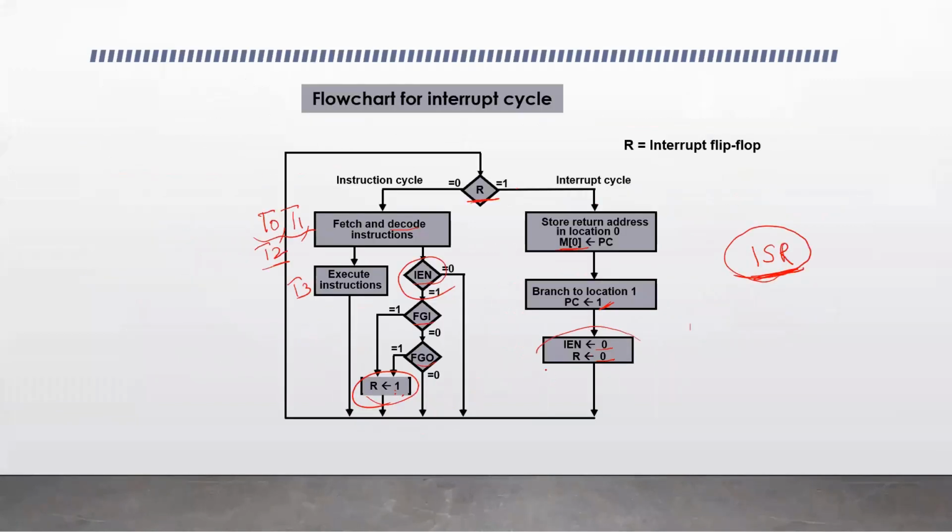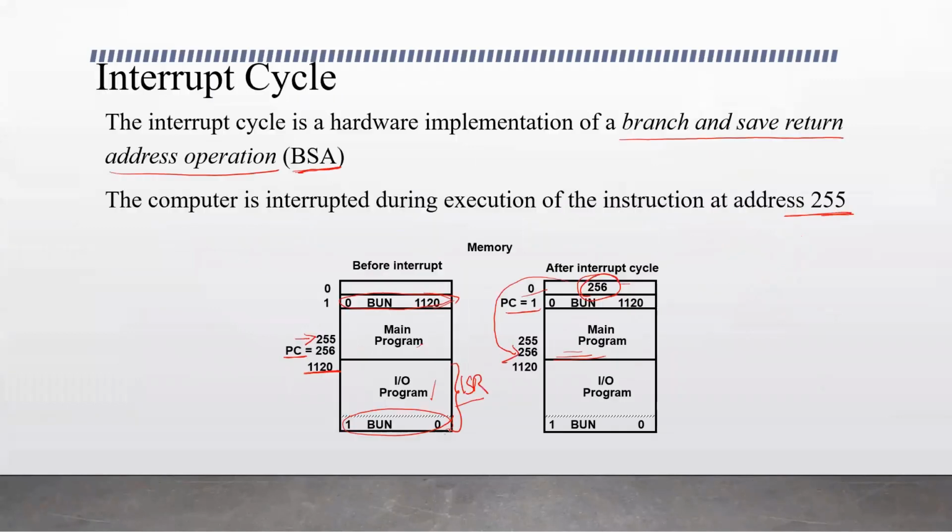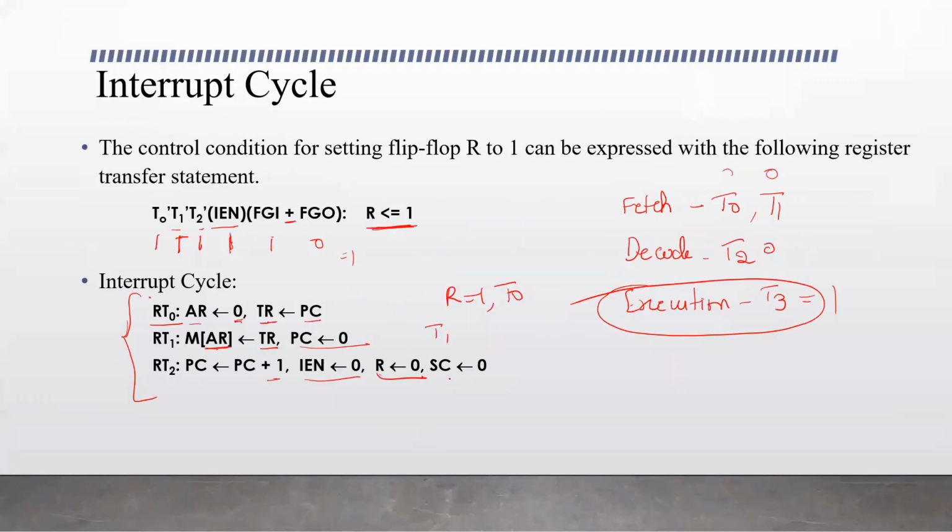These are the micro operations, one at time T0, one at time T1 and then at time T2. And then, to generate the next timing signal to start from T0, we set the sequence counter to 0.